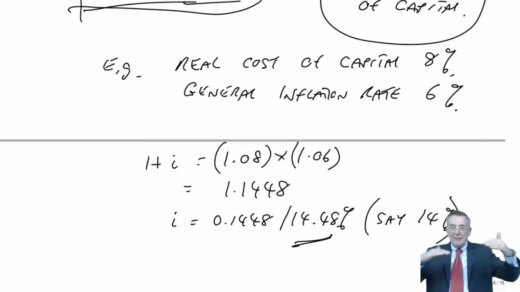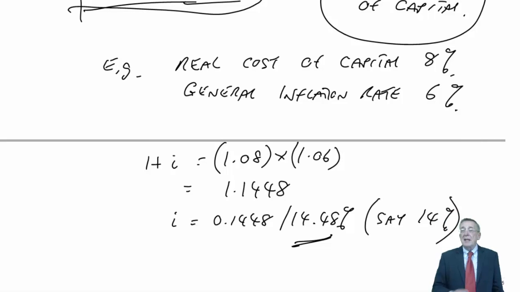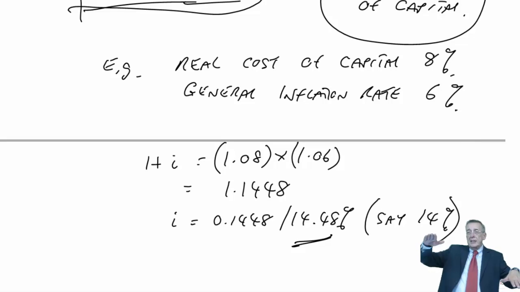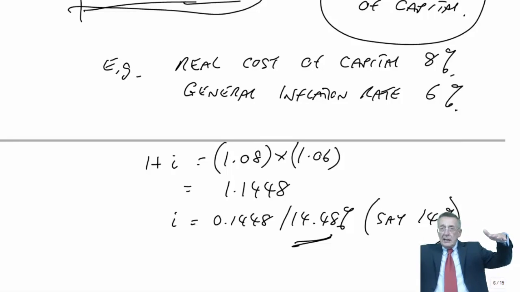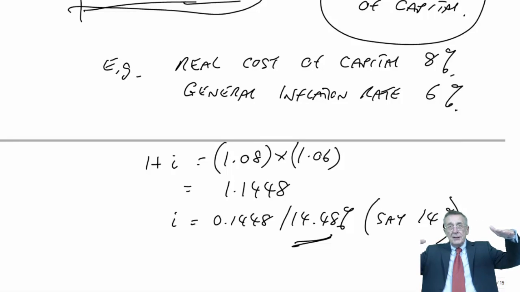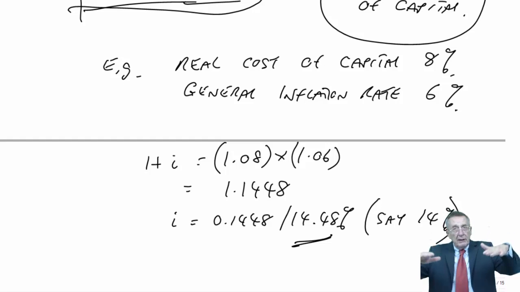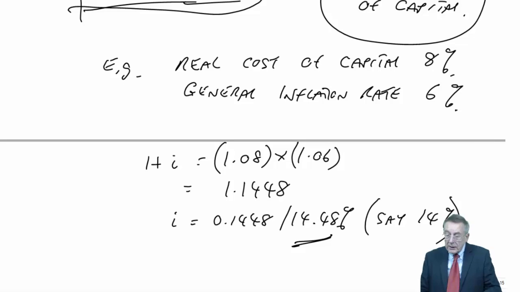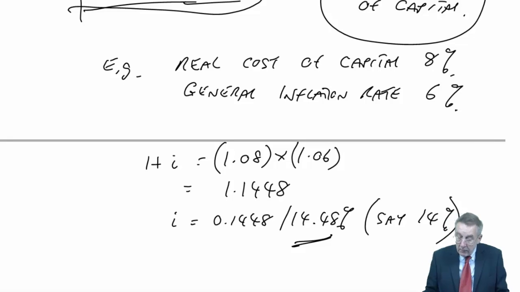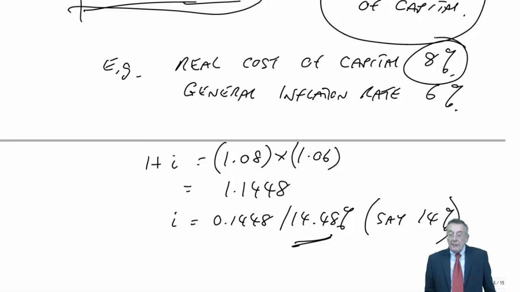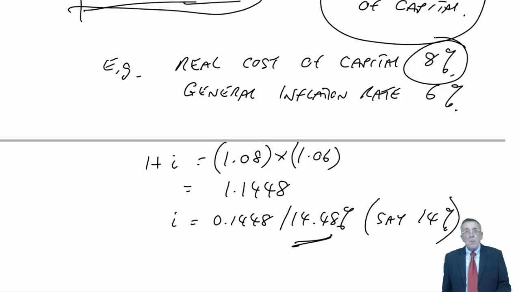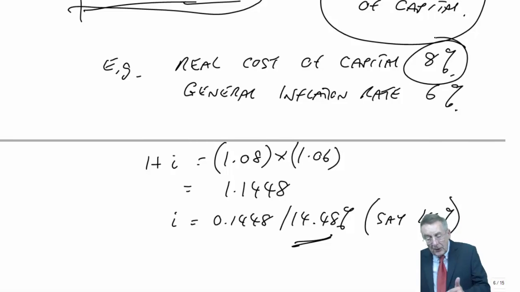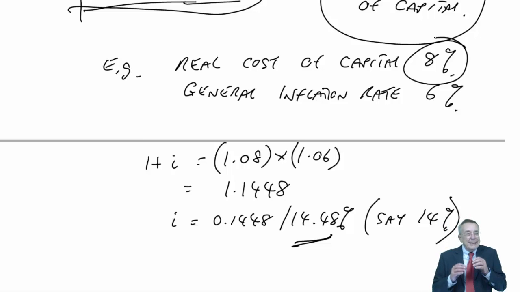Which cause, which effect, I don't care, but it does tend to be the case in the long term that as you've got higher inflation, you have higher rates of interest. As you have lower inflation, you have lower rates of interest. And so what this is really saying is that if the real cost of capital is 8%, that's what the cost of capital, the interest rate, would be if there was no inflation.